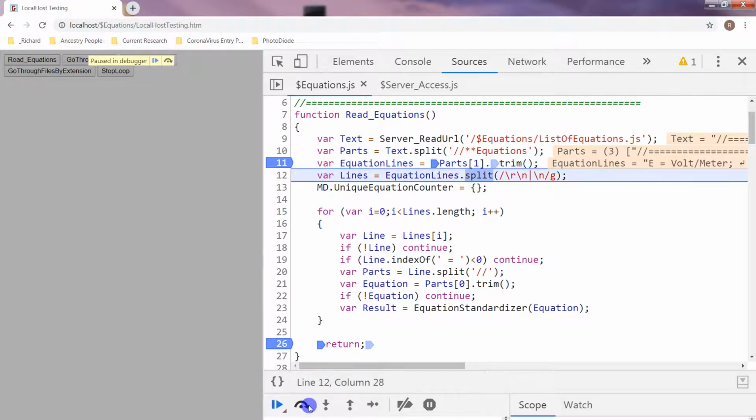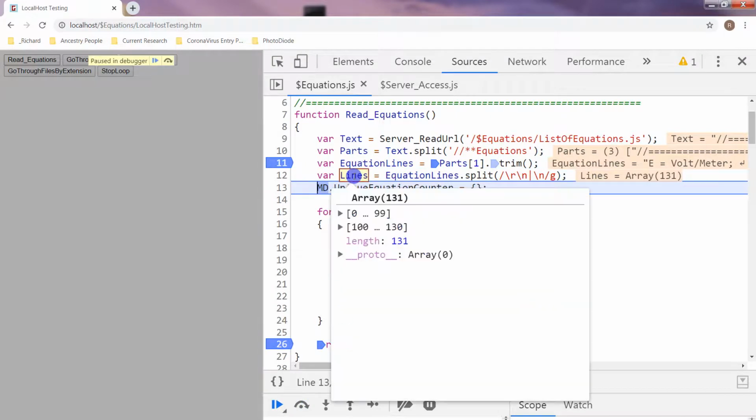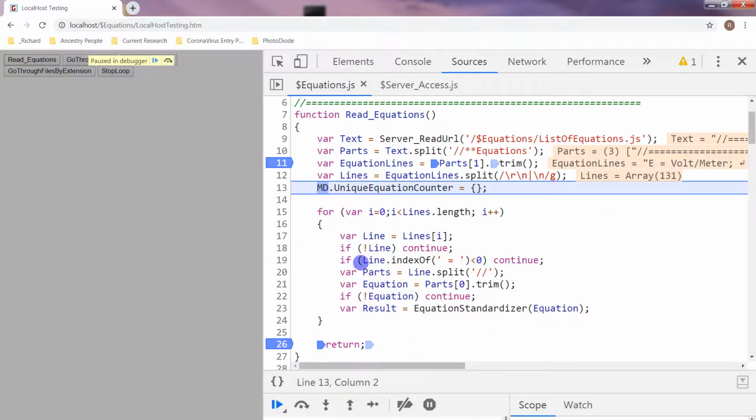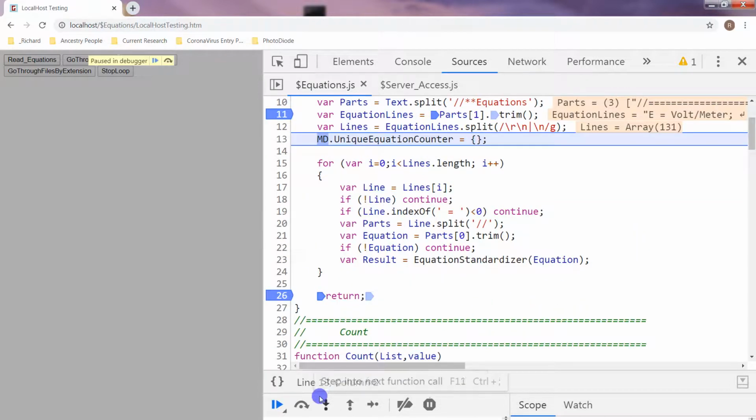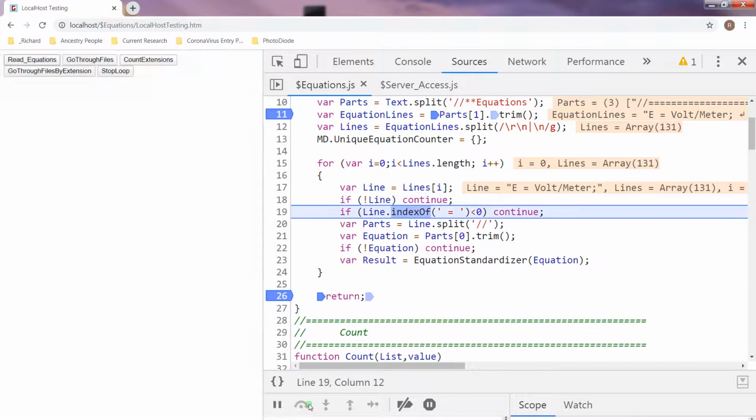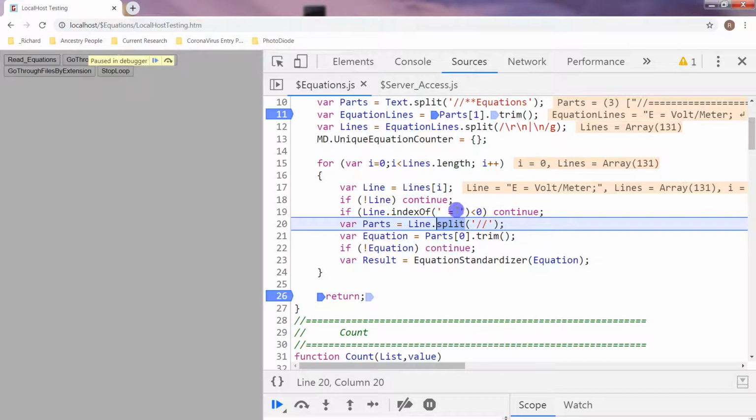And then I'm splitting those on carriage return or line feed, I can't remember. And then I got 131 of these where they look like this. Now I'm going to go through them, and I check if it doesn't have an equal sign in it, then I'm just skipping it.